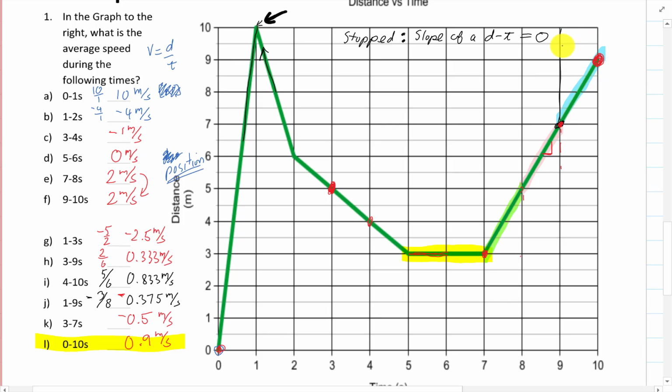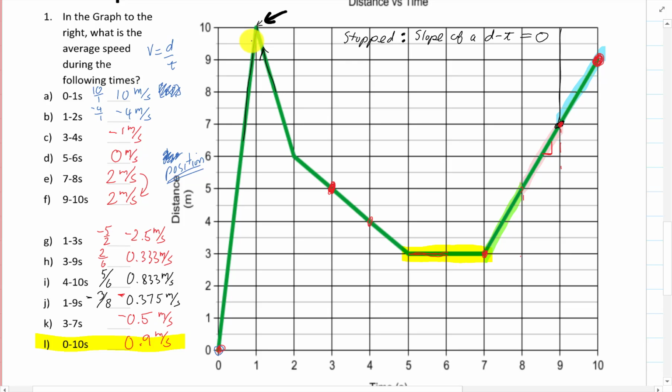Now, in physics land, nothing can instantly change from one speed to another speed unless it had 0 mass. And if it has 0 mass, then usually it's traveling at the speed of light. So we don't graph distance time graphs very easily with the speed of light.